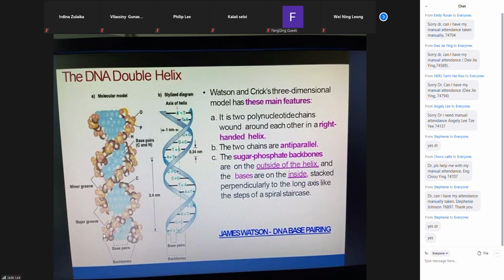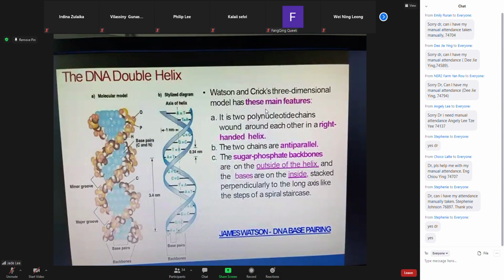In this double helix, the bases are right inside here. You can see the base pairs. This is the phosphodiester bond, the phosphate group, and this is the minor groove. And this is the major groove.